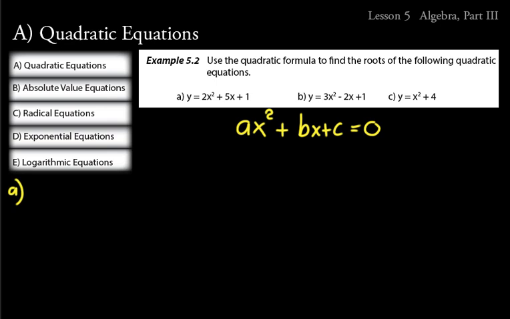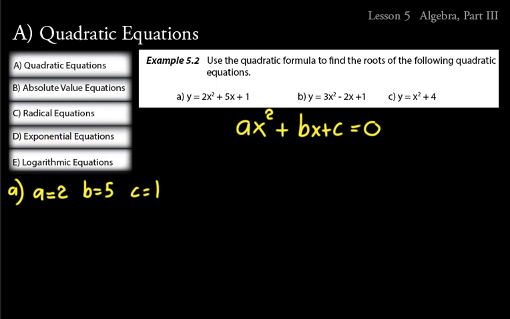And a good first step on these is just to think about your standard form, ax squared plus bx plus c equals 0, and what is a? Coefficient a for problem a is 2. B is 5. C is 1.